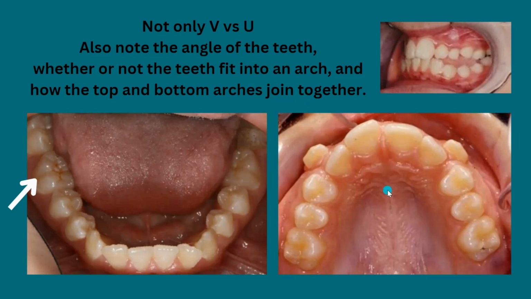So then also I wanted to show you that in this image, there's more of a U-shaped arch, but we don't have room for all the teeth. So we would need to make sure that the arch is growing to the right shape, but also growing to be wide enough to have the space to fit all of the teeth it needs to fit.